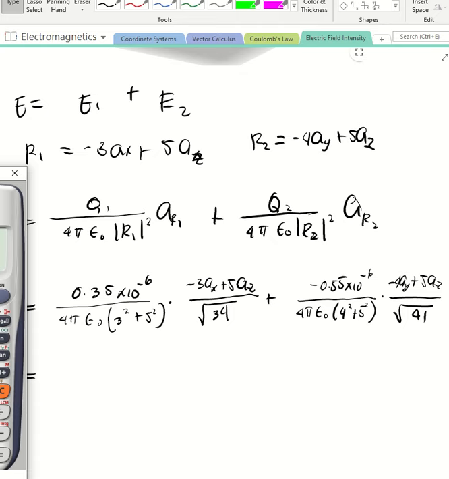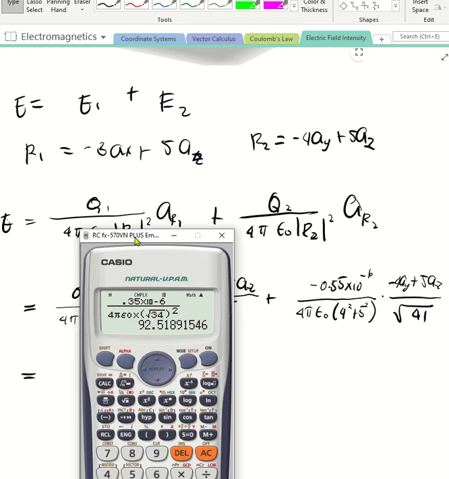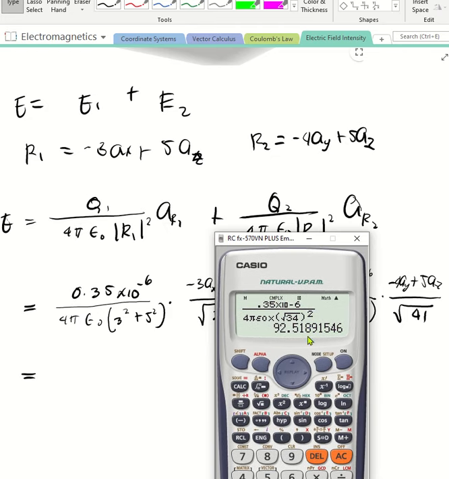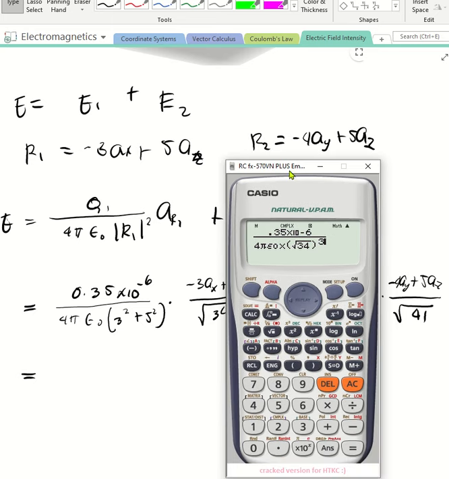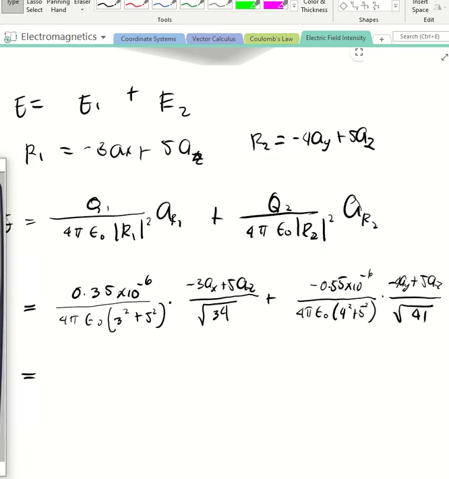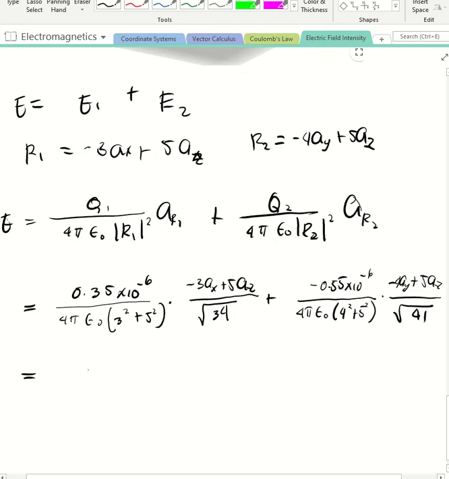Or cube. Should be cube. And that is around 15.87. So this will be 15.87 multiplied with negative 3ax plus 5az.